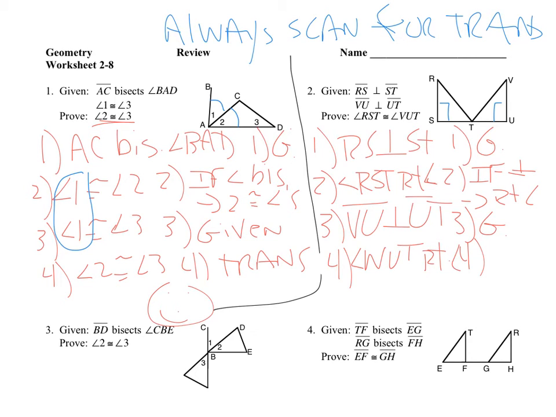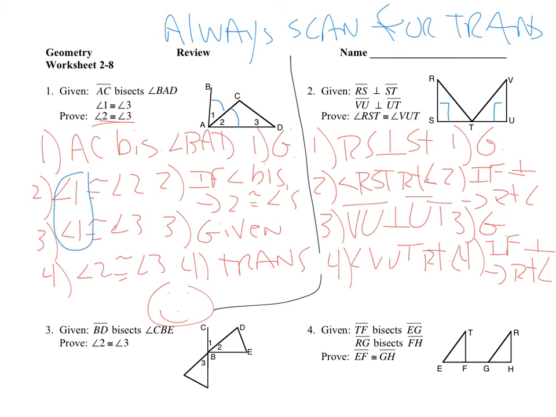Okay, so we got another right angle there. Reason, if perpendicular, then right angle. So looks like we get two right angles there, RST and VUT. I wrote a W by mistake, so let me fix that. This is not a W. This is a V. VUT.